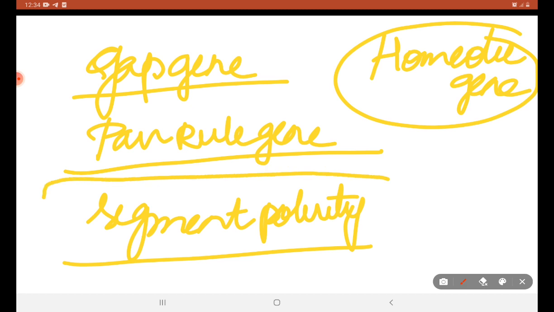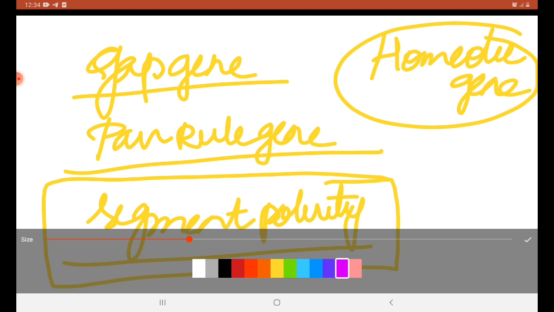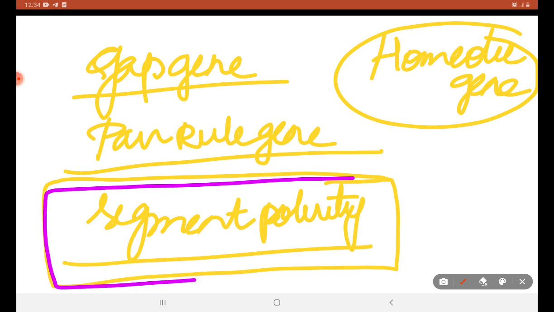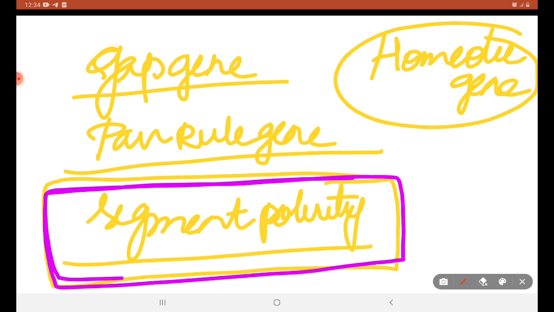Engrailed, fushi tarazu, even-skipped, paired, sloppy paired, all of these come under segment polarity.